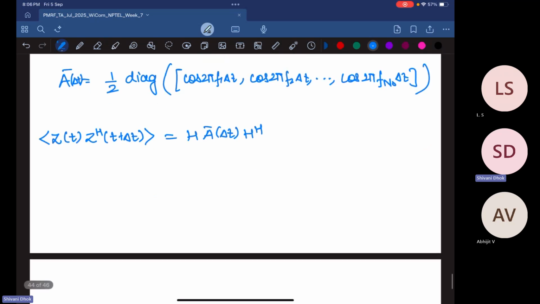And if I look at its m comma nth entry, then this h I can write as basically h1, h2, and so on till hm.